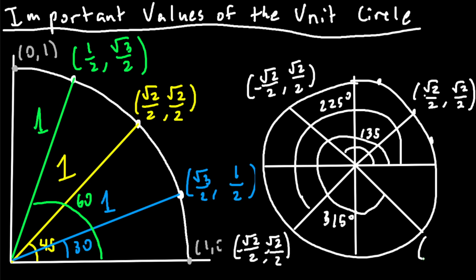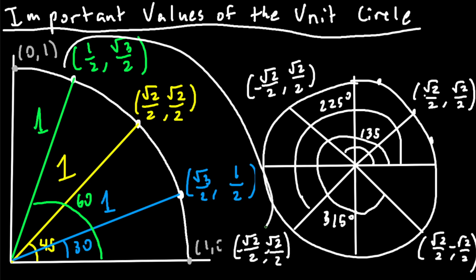So you end up with square root of 2 over 2, and then a square root of 2 over 2. And x is going to be positive, but y is going to be negative. So then you're just going to have that. So essentially, as long as you know these values, you can figure out what most of the most important areas on the unit circle are going to be.